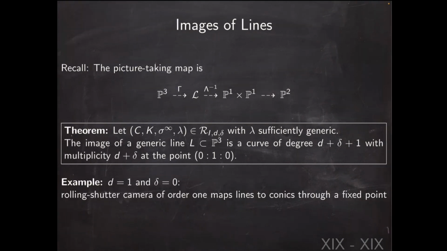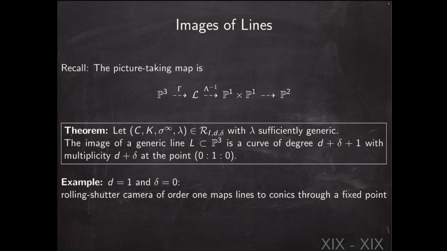I kind of wanted to include a picture, but didn't have time to make one. The example here is the easiest rolling shutter camera you can imagine, which is not a global shutter camera. So this camera moves along a line, and say it doesn't rotate.